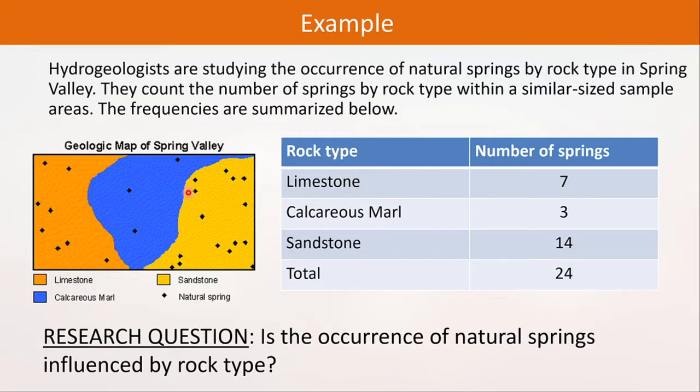We find that there are 7 in the limestone, 3 springs in the calcareous marl, and 14 springs in the sandstone. And the areas of all these different rock types are the same. Now the question is: is the occurrence of natural springs influenced by rock type?